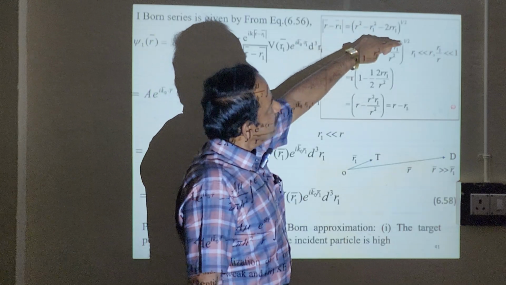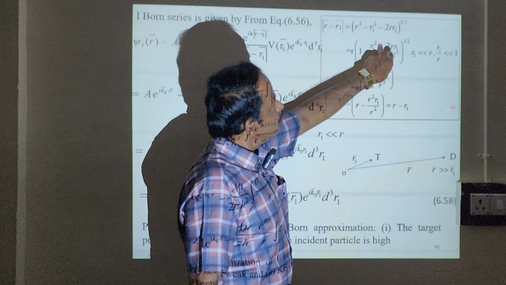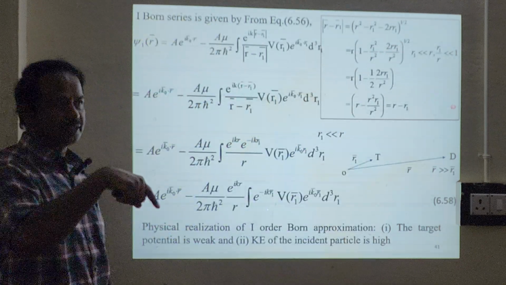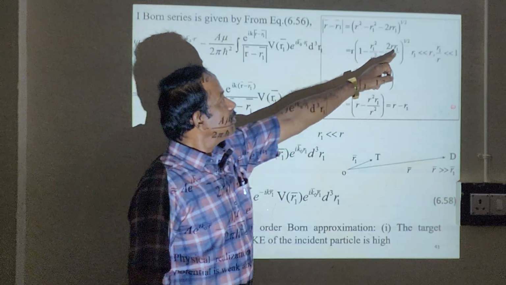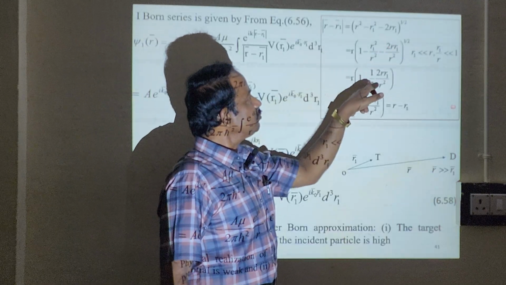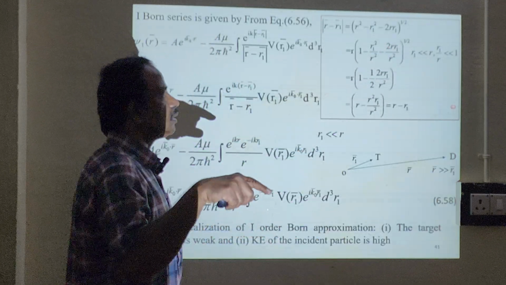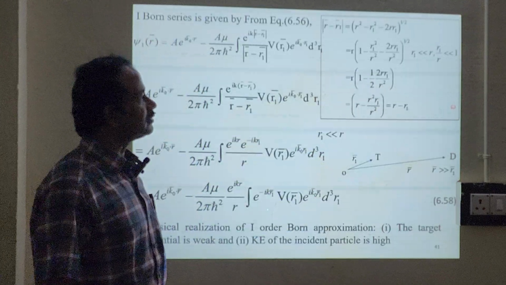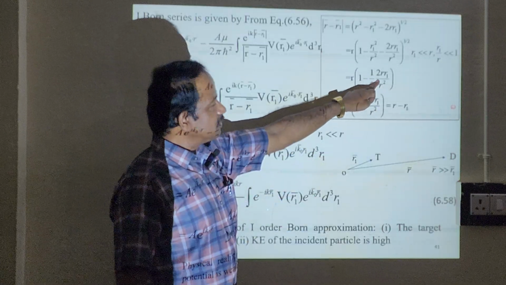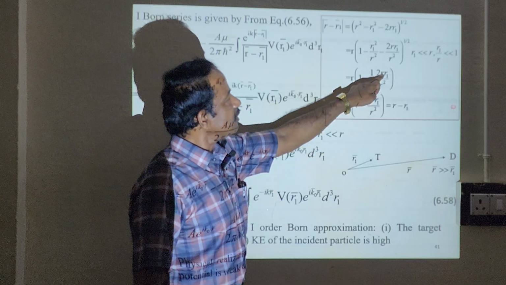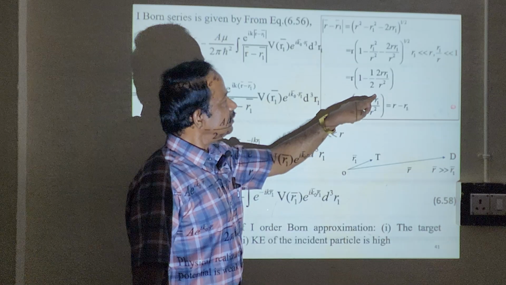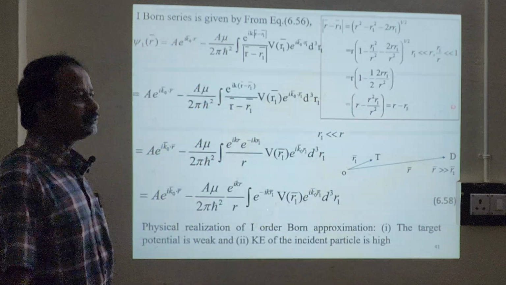So 1 minus, using the binomial expression, this will become minus 1 by 2, 2 R R1 by R squared. That 2 and this 2 will get cancelled. I repeat, binomial expression, this will become minus 1 by 2, 2 R R1 by R squared. Just multiply this with R, and it will give you R minus R1, since the R's cancel.